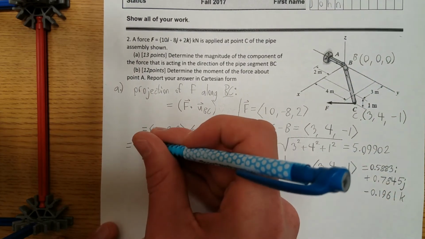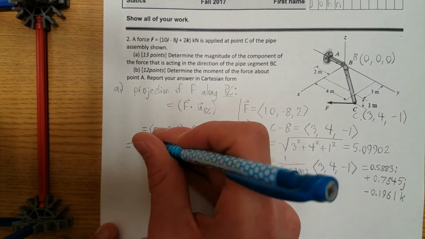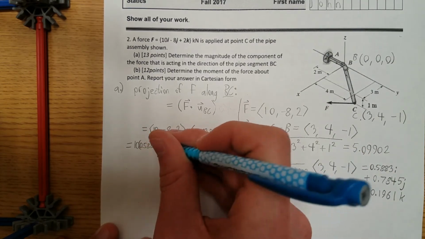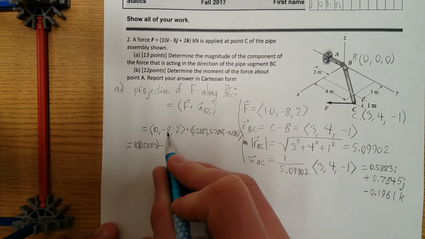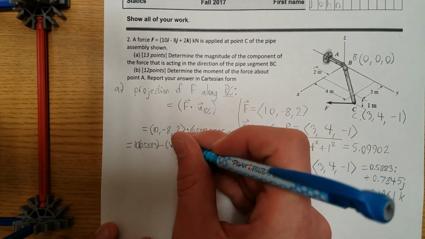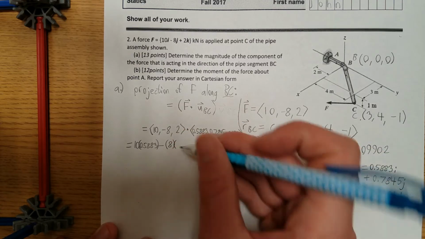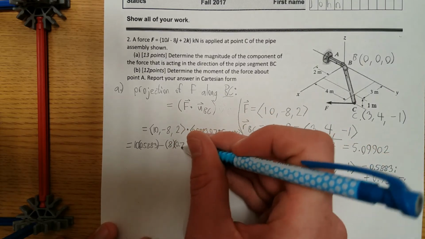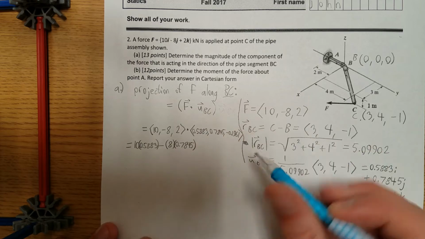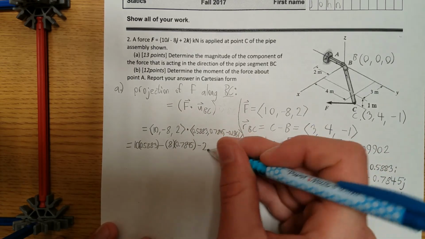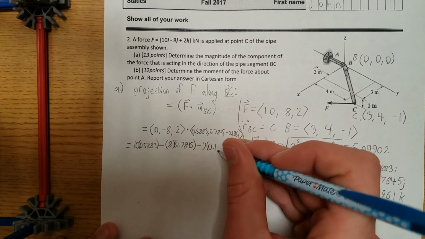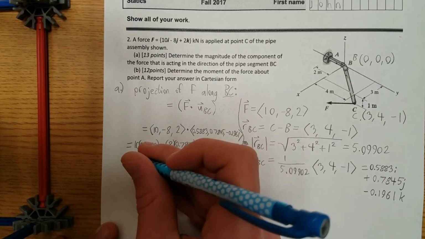We're going to take 10 times 0.5883, minus, because this is a negative 8 here, 8 times 0.7845, and then again another minus because we've got another negative value here, 2 times 0.1961.